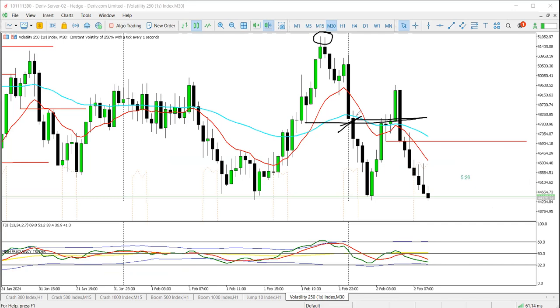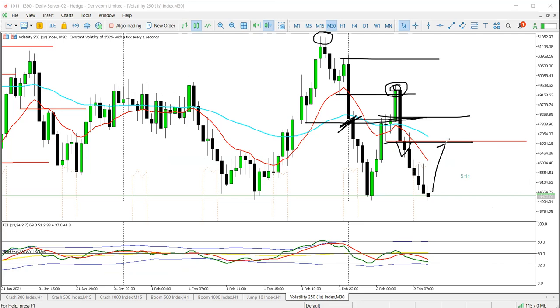Price came, broke that order block, came back, retested now, and also retested this supply zone, created another peak and another order block, broke it, retested, and another retest would make the setup become high probability. That's what we're waiting for. If price can retrace anywhere into this area with a stop loss above this, then that will be a high probability sell as well.